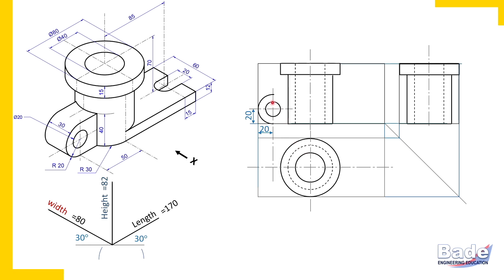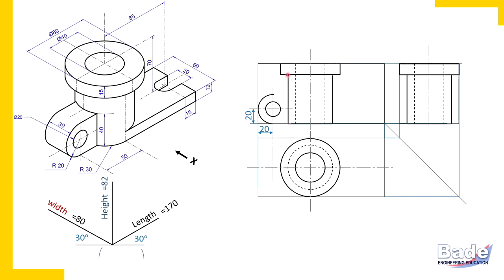Now this U-shaped block is attached to a cylinder on its cylindrical surface from its left side. Now this rectangle here in the front view, it is actually a curved surface, a cylindrical surface, but here its curved nature is not apparent.